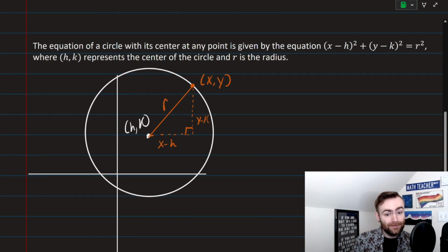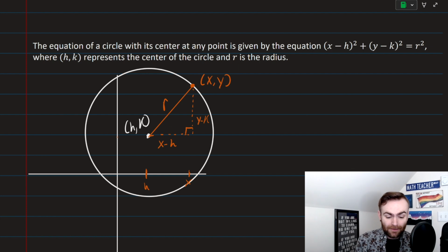If we shift the center of the circle, instead of being 0, 0, it's now h comma k, we get a new equation. This distance now, this bottom edge here, is whatever the x value is, taking away whatever the x value of the center would be. So if this is h and this is x, this distance would be x minus h.